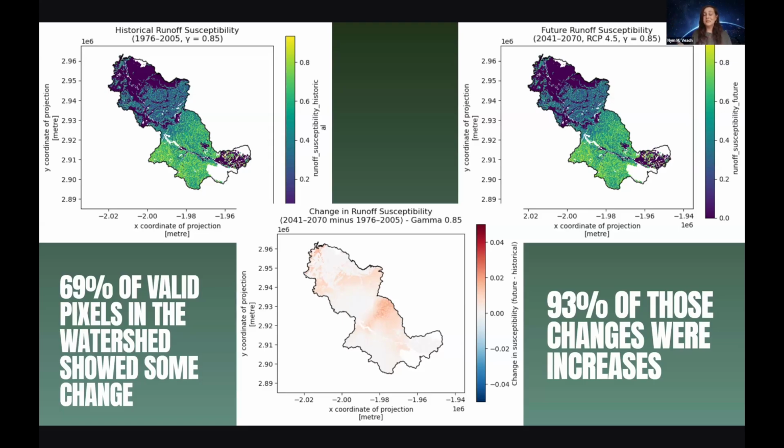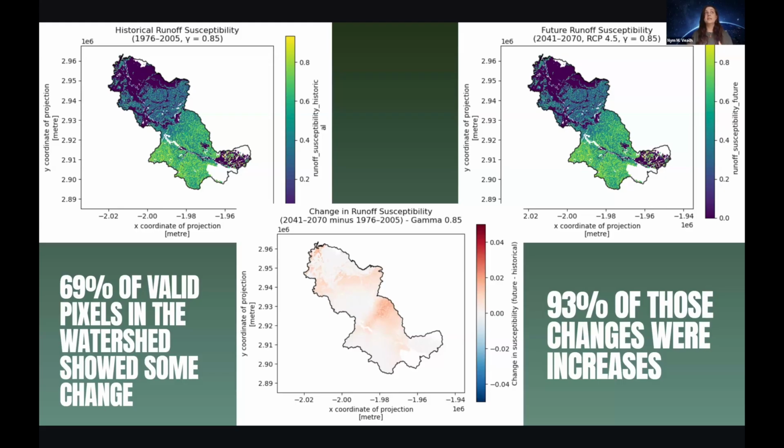Overall, 69% of the valid pixels in the watershed did show some change, and 93% of those changes were increases. While those increases were not large, we did see them happening across the watershed, showing the importance of making sure infrastructure upgrades are adequate, and that high-risk areas, areas that are already prone to flooding or excessive runoff, are only going to increase in that way.